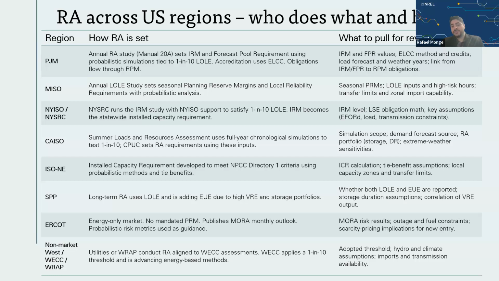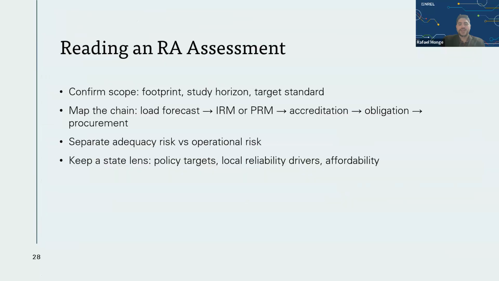In the Southeast and Florida, there is no ISO, and utilities conduct resource adequacy work with a commission review and SERC oversight, and obligations flow through utility procurement and integrated planning. And Alaska and Hawaii are utility level as well. Well, with that structure in mind, here is how to read an assessment in practice.